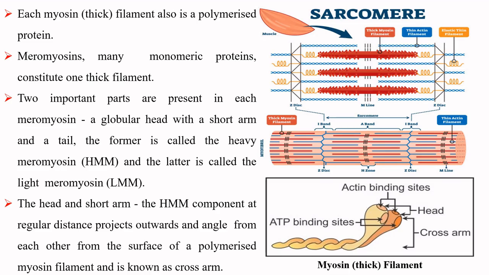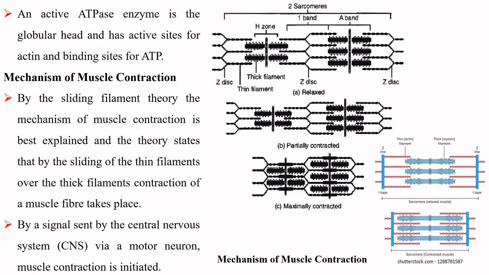The head and short arm, the HMM component, project outwards at regular distances and at an angle from each other from the surface of the polymerized myosin filament and are known as the cross arm. The globular head is an active ATPase enzyme and has active sites for actin and binding sites for ATP.